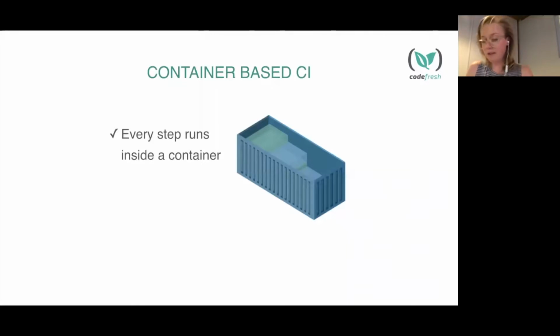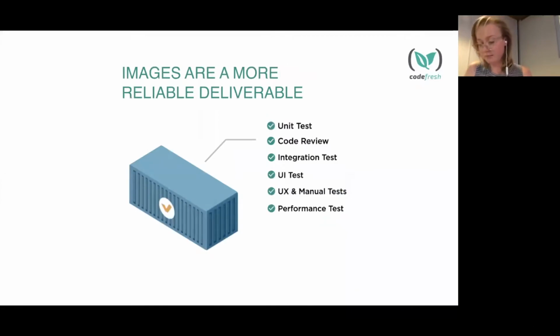The second aspect is that the unit itself that we move from one stage to the other, that we hand off to operations or redeploy into production, is a much more reliable and self-contained unit.